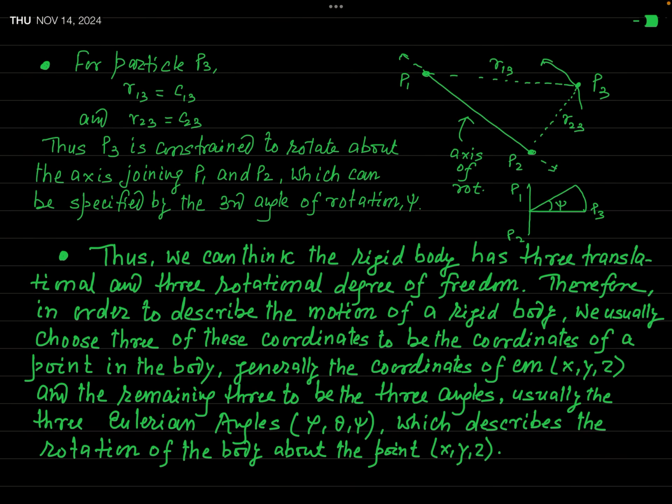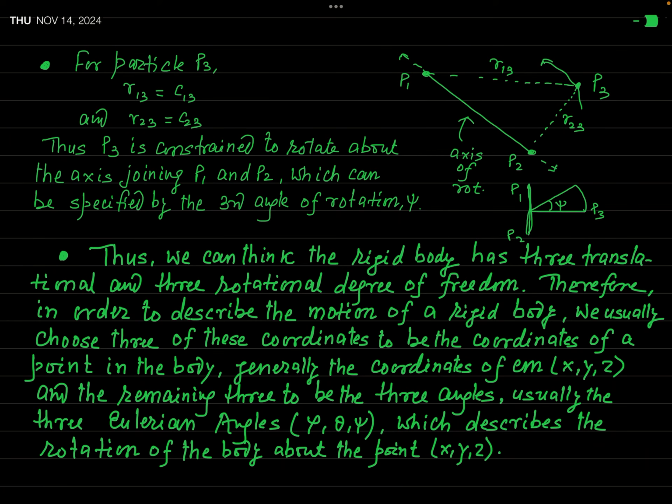Now let us see the motion of particle P3 with respect to P1 and P2. When you talk about the motion of particle P3 with respect to P1 and P2, what type of motion will P3 perform? Actually, in this case, the particle P3 will rotate about an axis which is found by joining the positions of particle P1 and P2.